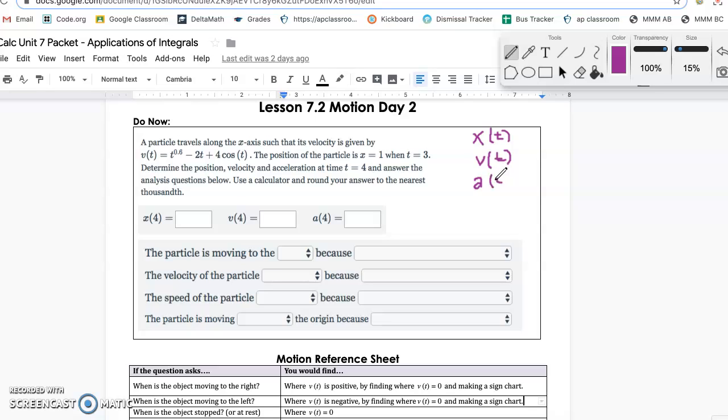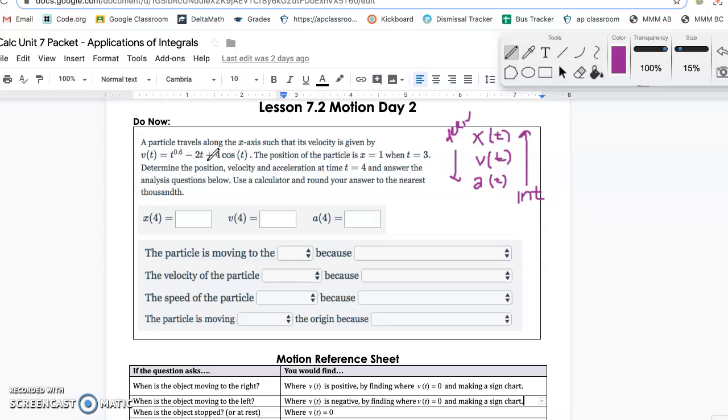Every single time I go down, it's the derivative. So when I go down from position to velocity, it's the derivative. Whenever I go up, it's an integral. This is just how I keep it straight and how I think about it.